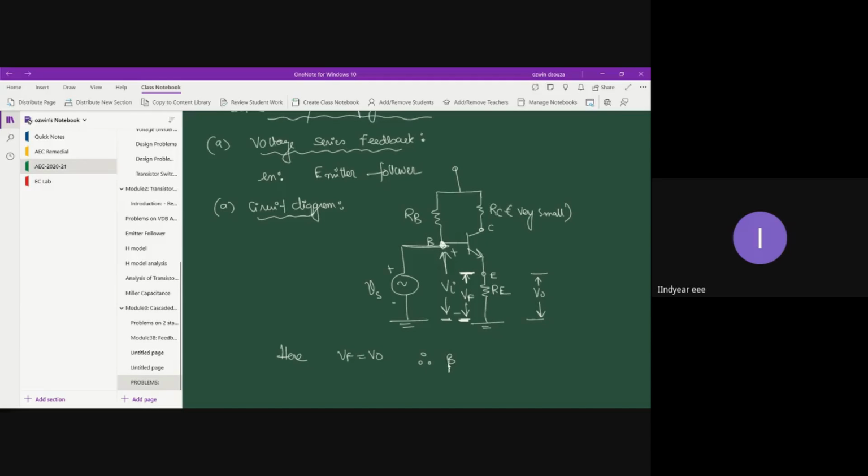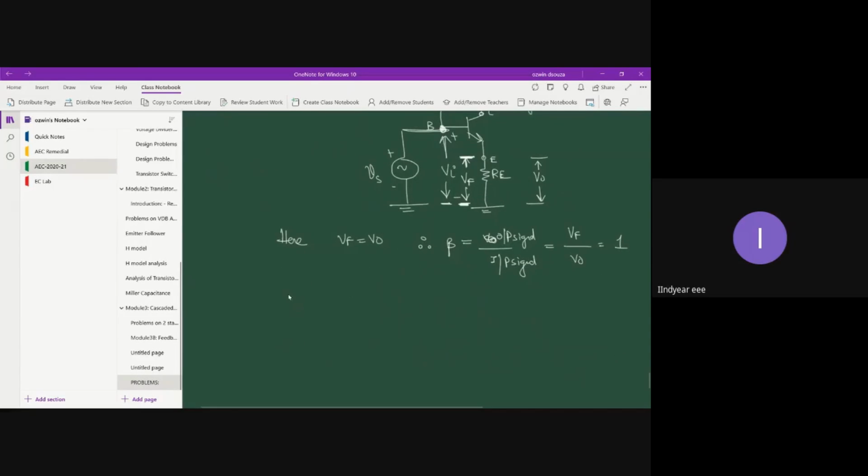Therefore, the feedback factor beta is defined as the ratio of the feedback signal to the output signal. Both VF and V0 are the same, so beta is equal to 1.